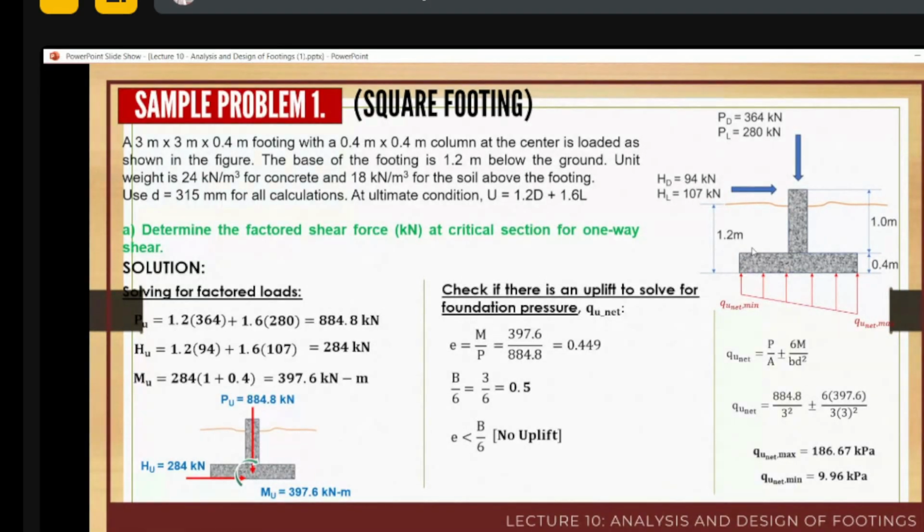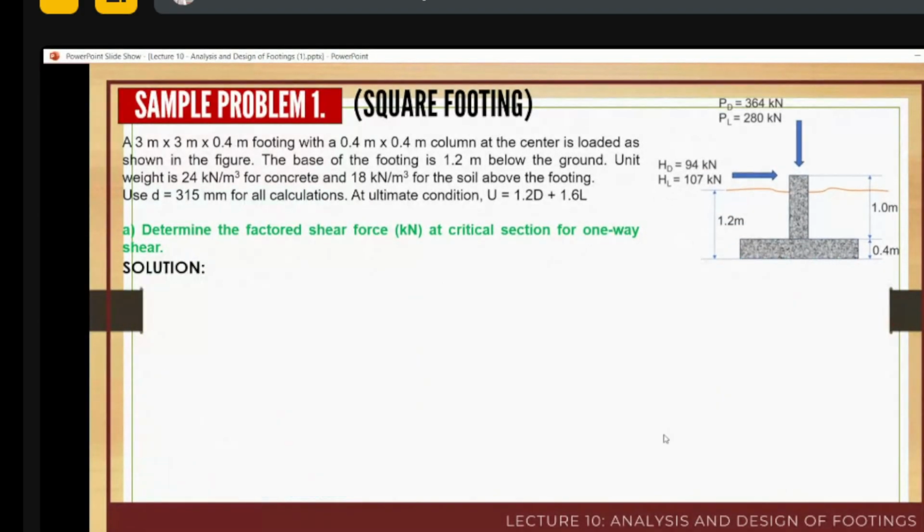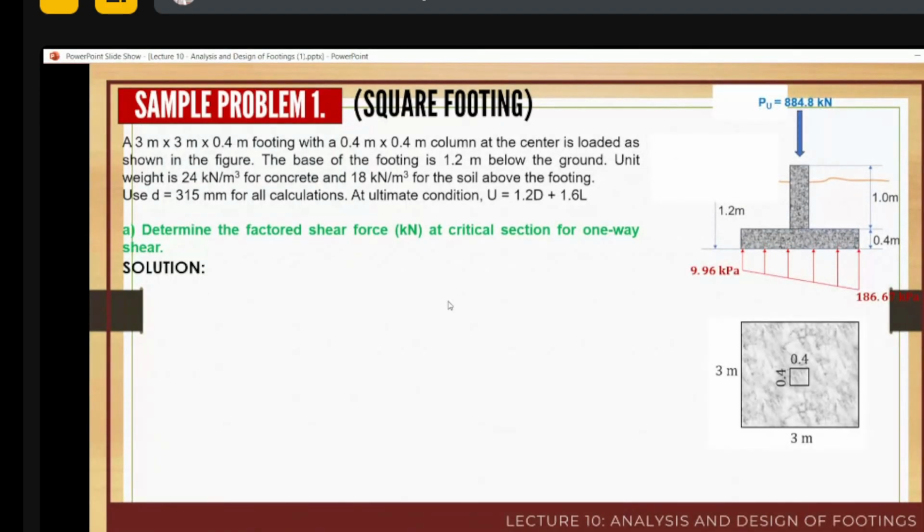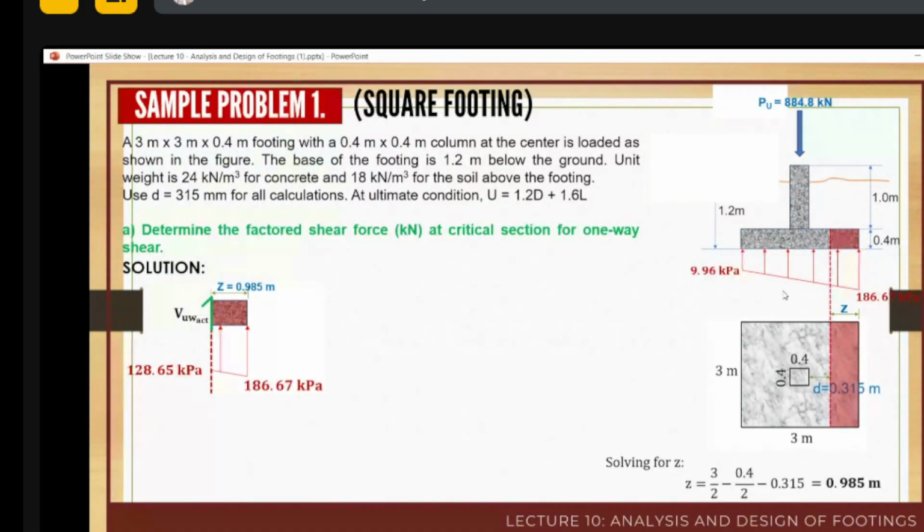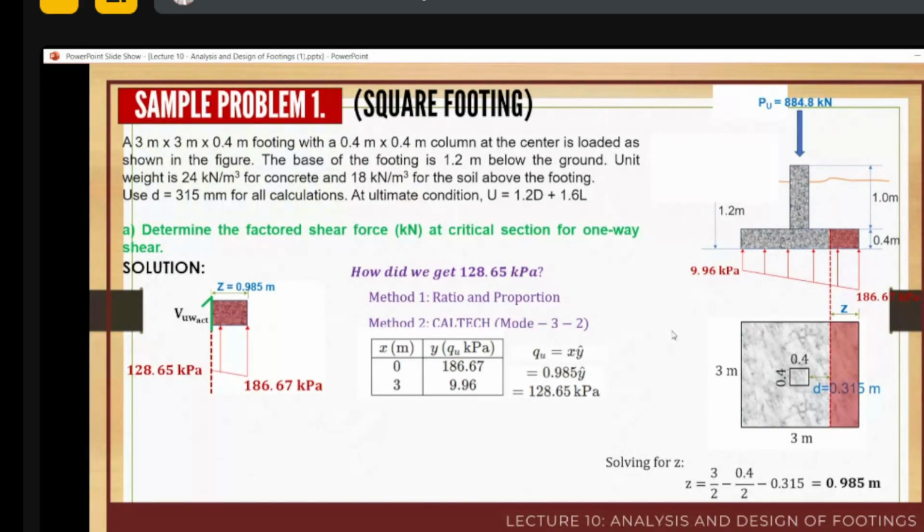For the q min, by using this minus sign, that is 9.96 kPa. So for the solution, we label the q min in our free body diagram. In your solution, it must be labeled similar to how it is being solved, with the correct labeling.